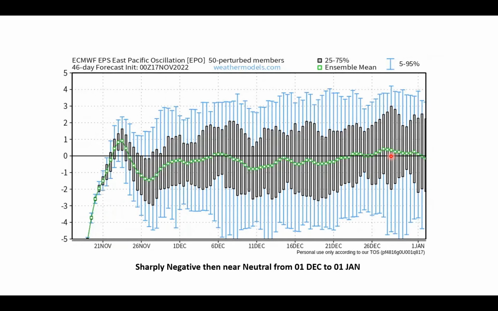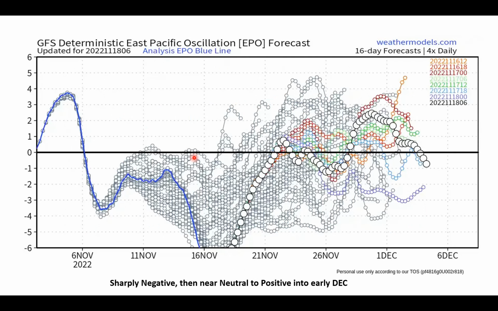A little bit slightly negative here at the end of November, but then it kind of recovers. European EPO, 50 perturbed member forecast all the way out through 1 January, showing that sharply negative tendency of the EPO climbing to near neutral conditions from 1 December all the way out to 1 January. GFS deterministic EPO forecast shows a sharply negative tendency, just like the other models, climbing and rising to near neutral conditions, eventually becoming positive, according to the GFS deterministic, in the later parts of November and early December.